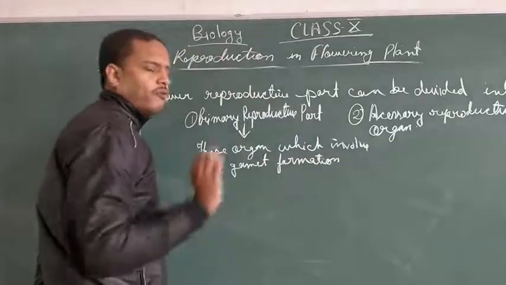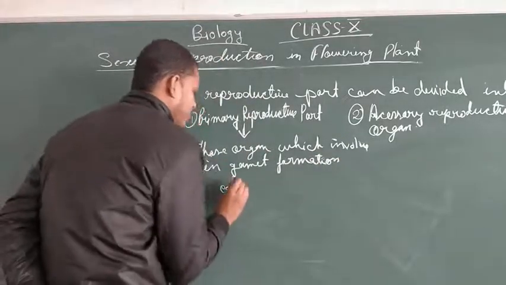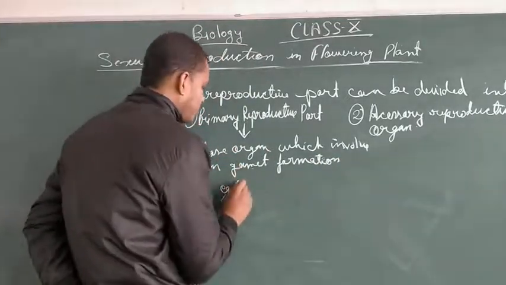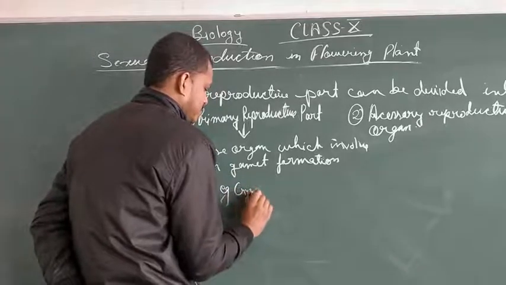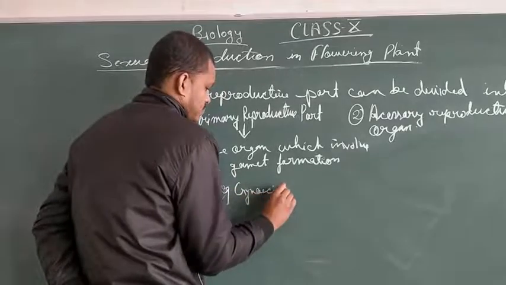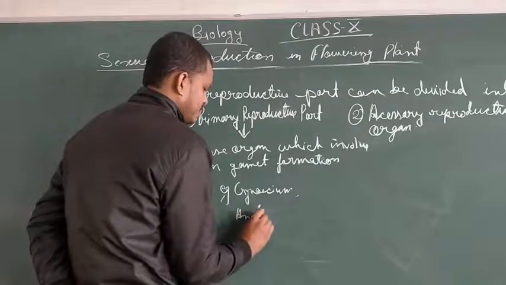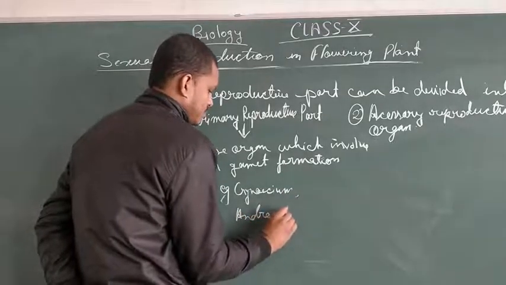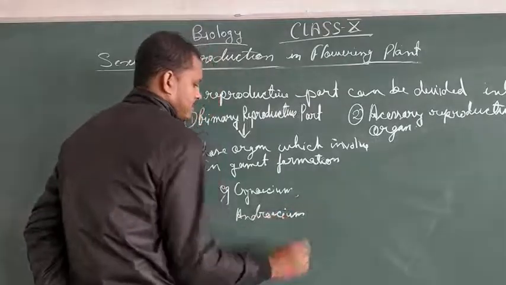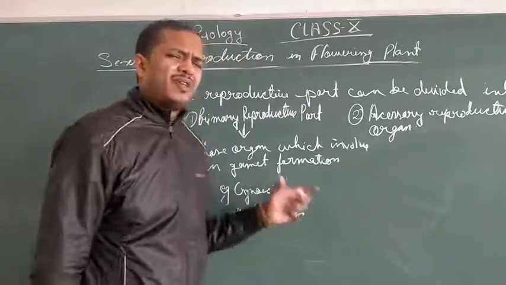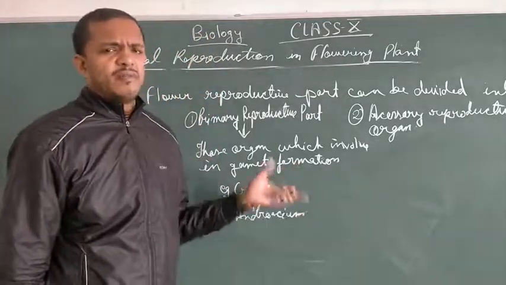Okay, gamete formation. Example, for the female it is pistil or gynoecium, and for the male it is androecium. Gynoecium, pistil, androecium, or you can say anther, complete structure.